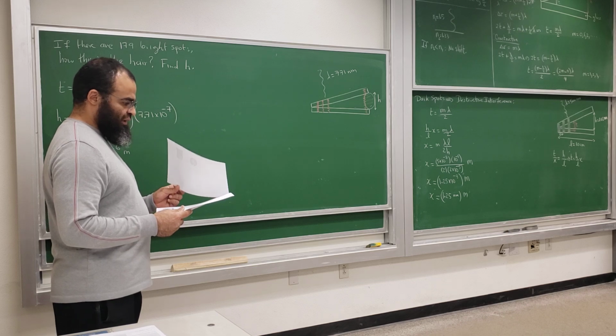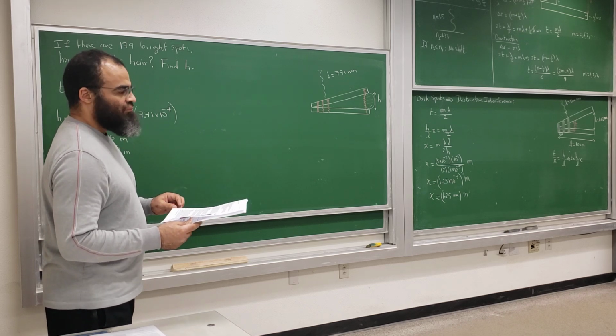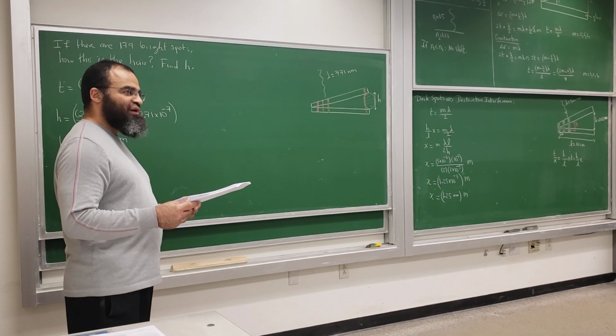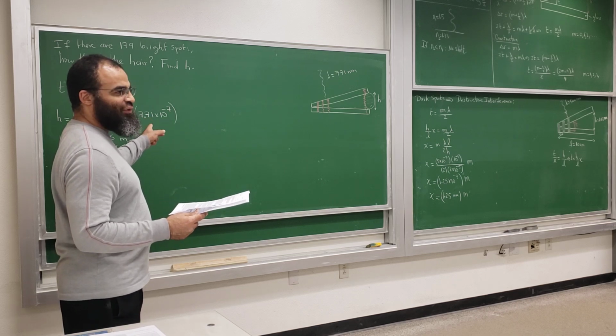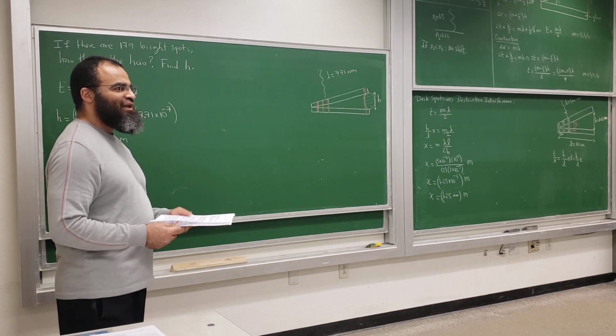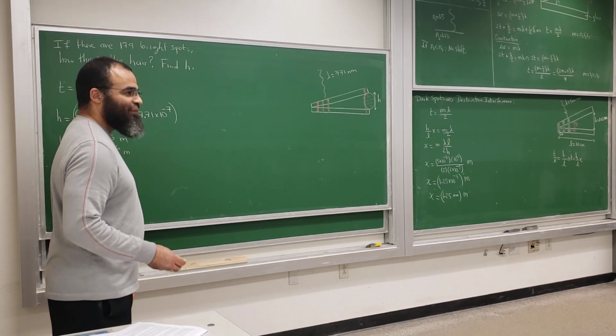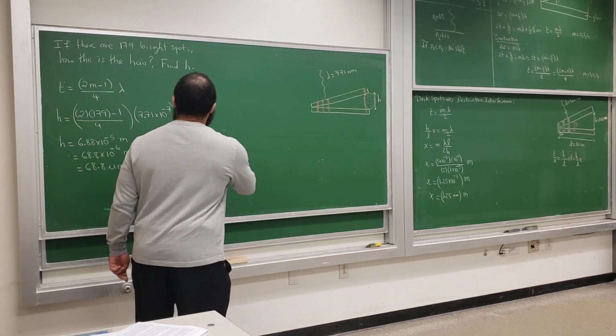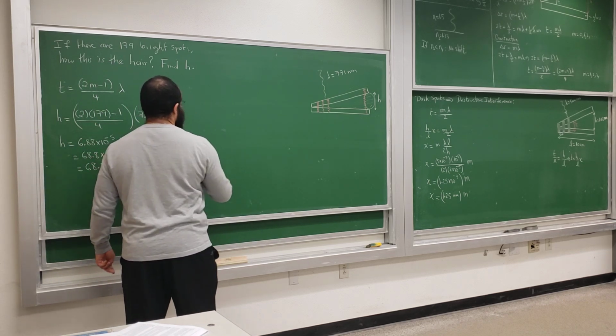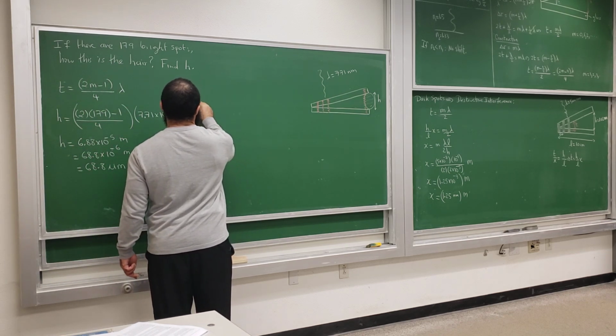The next one is called Newton's rings. It's similar to the air wedge, but this one is qualitative.